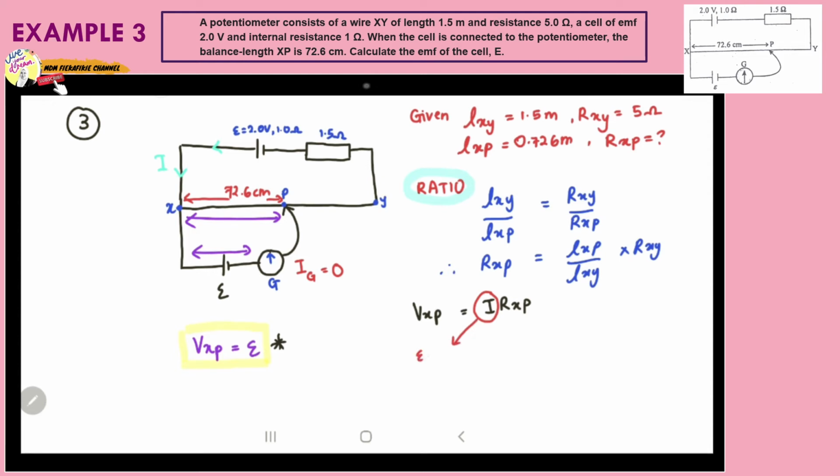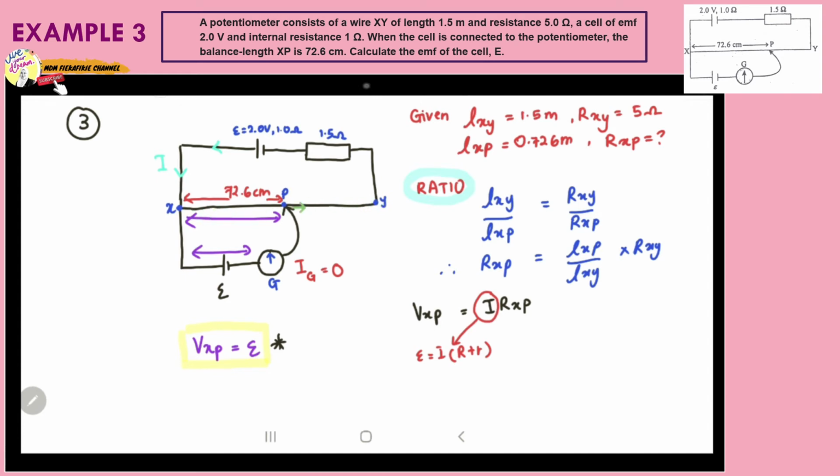EMF is equal to I times external R plus internal R. In this case, we have two external resistances. The first resistance is Rxy, our first external resistance, this wire, because this wire comes with resistance Rxy.